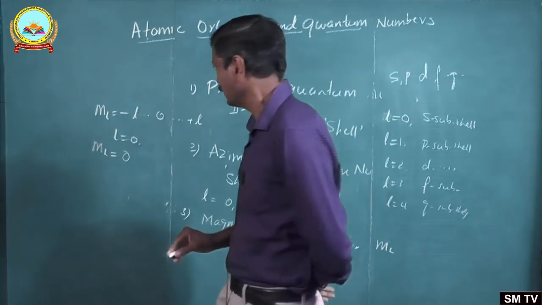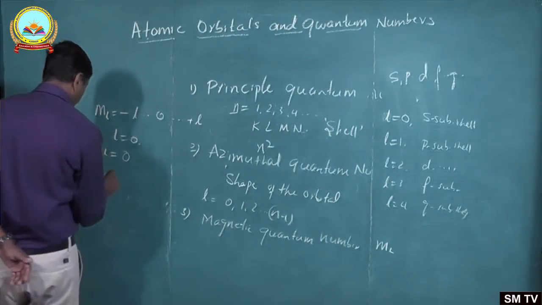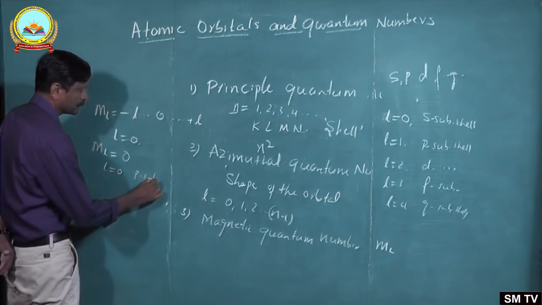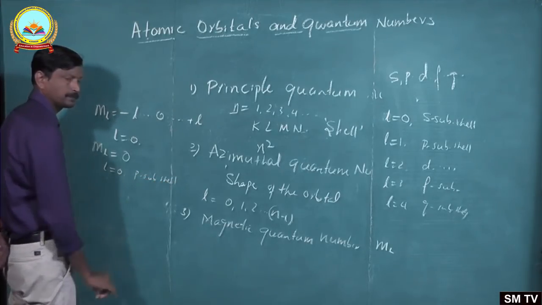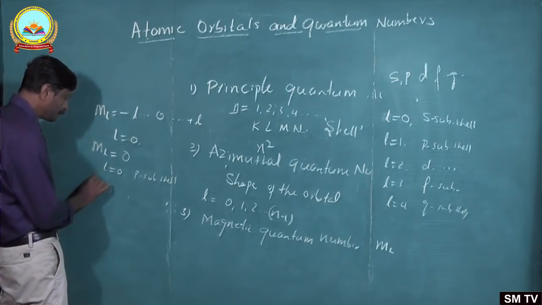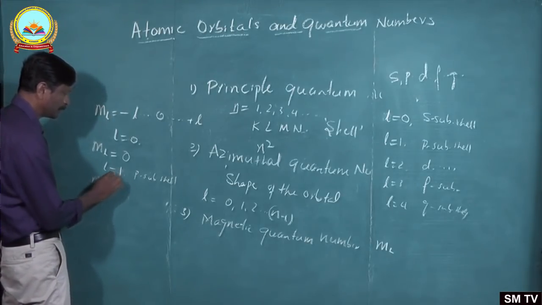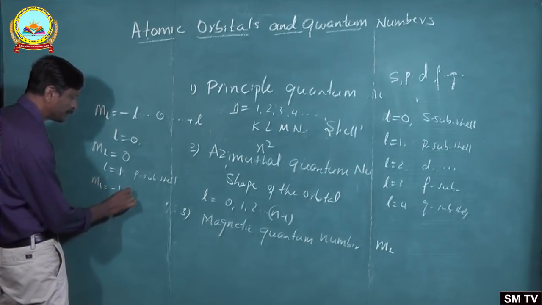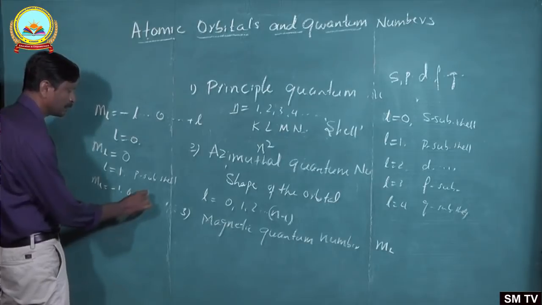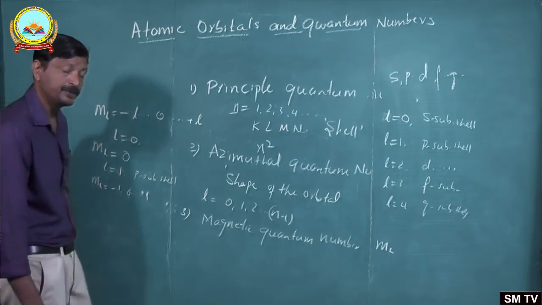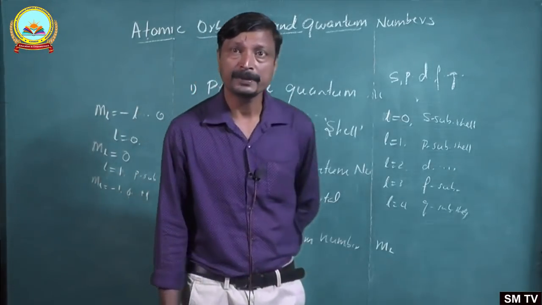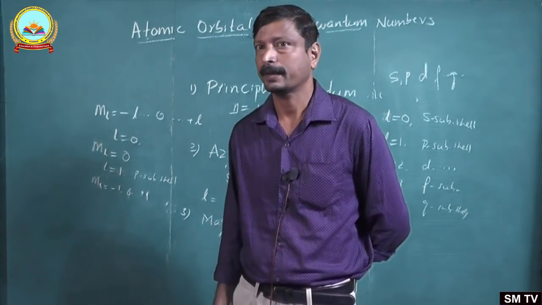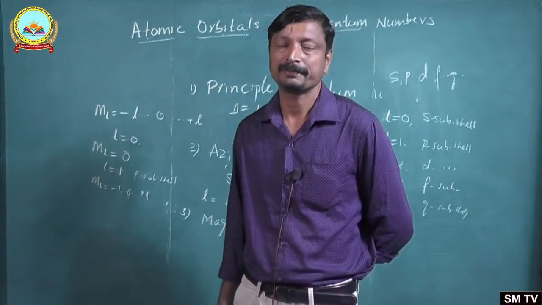Then L is equal to 1, it's a P subshell. m_l is equal to minus 1, 0, plus 1. For L is equal to 1, m has how many values? Minus 1, 0, plus 1. It has 3 orientations.